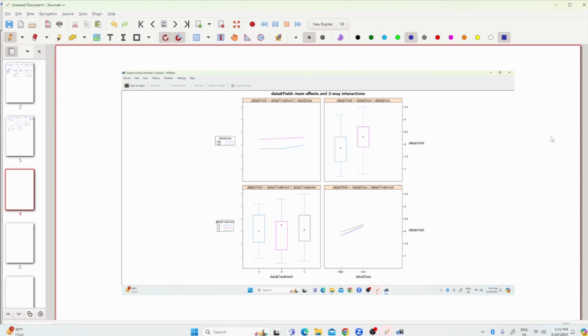So, as you can see here, please see properly, this is for the low, and there is no effect of the type of treatment, which means, please see here, if the dosage is low, whether you do A, you do B, you do C, there is not much difference. On the other hand, the high dosage does have a difference for treatment B and C.